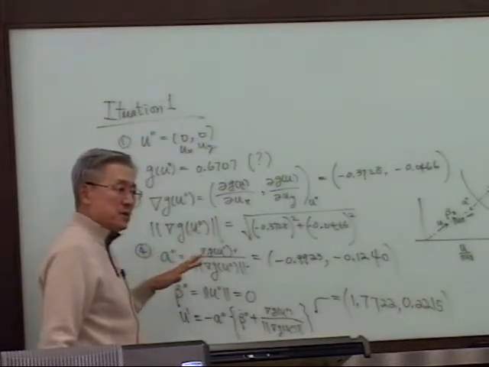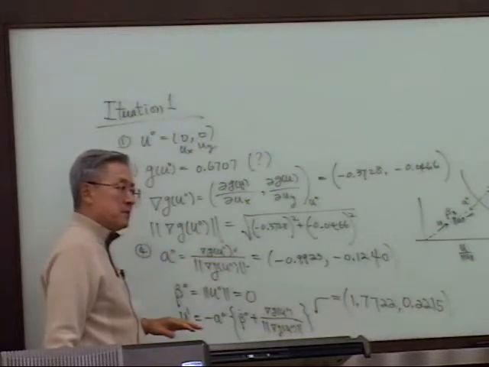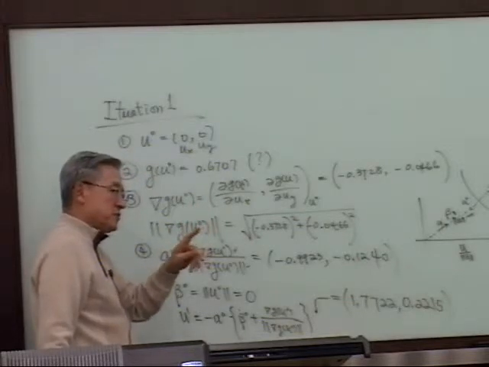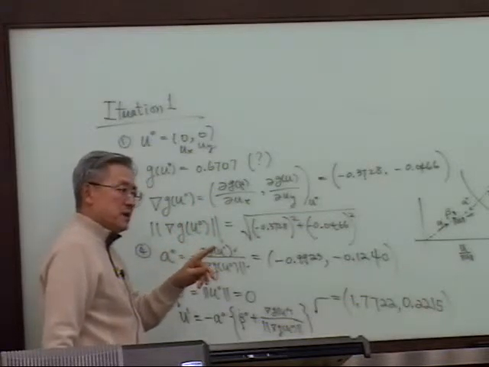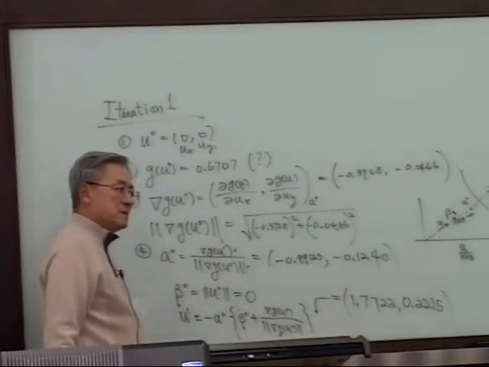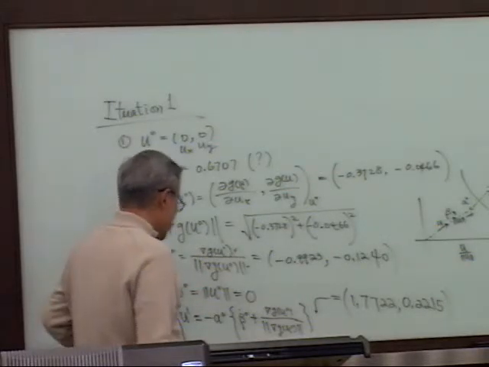You can make a table. That's what Professor Du did. Make a table to really see how it converges to the final U star point. Okay? So this afternoon or tomorrow, you should do this calculation.